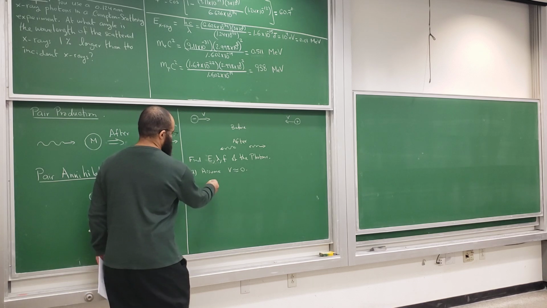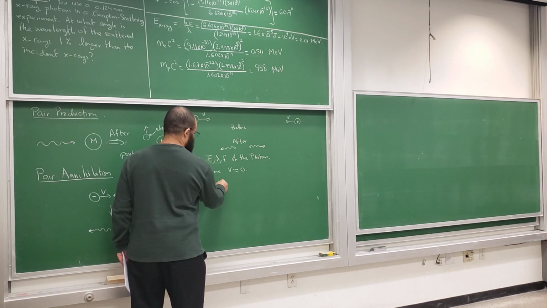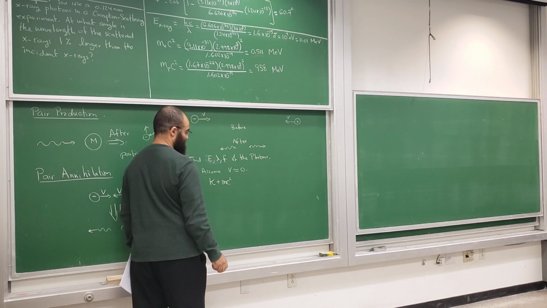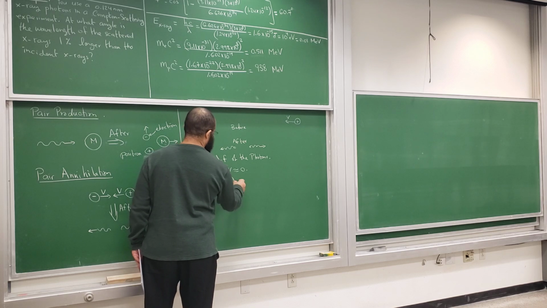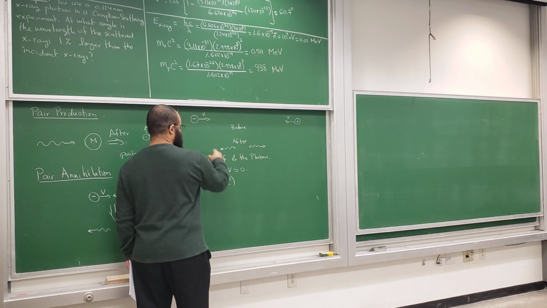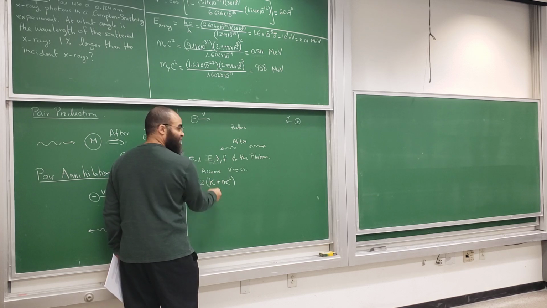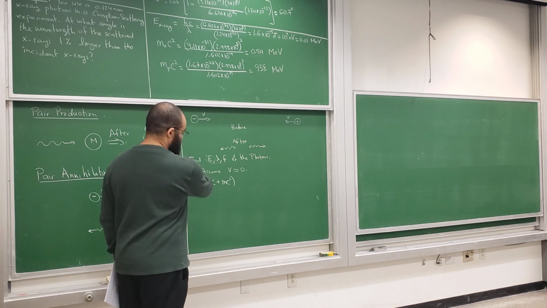The kinetic energy before collision for the first electron plus its rest mass energy, mc squared. That's for the first electron. The positron will have the same speed, so same thing. So you get 2, right?